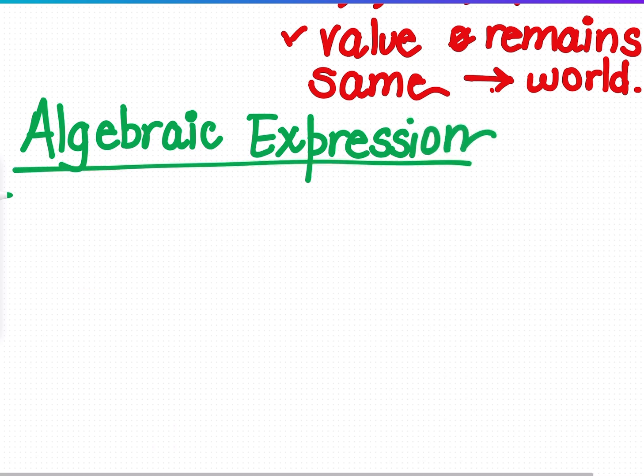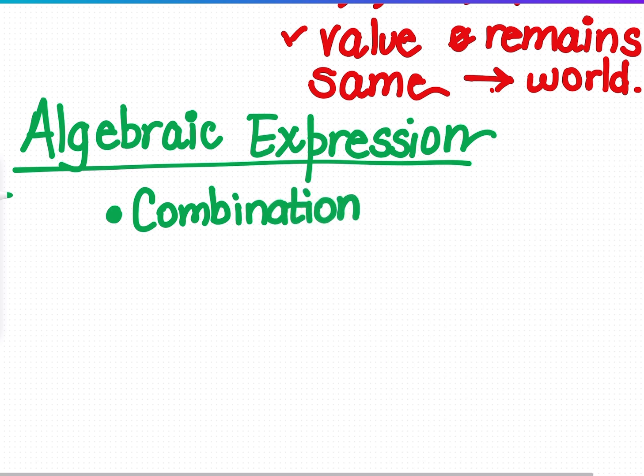Now, an algebraic expression is basically a combination. What is it a combination of? It is a combination of terms, and they are separated by plus or minus signs. So an algebraic expression is a combination of terms separated by positive and negative signs.